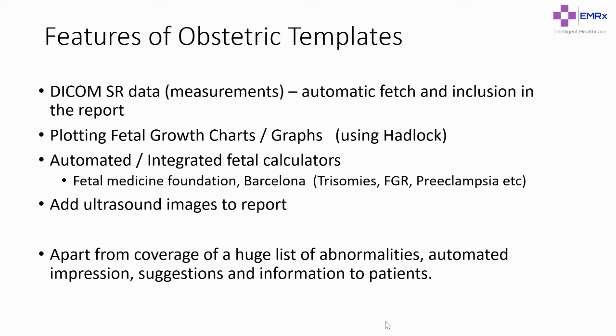For any abnormality that you might select, you will notice that the text pertaining to that appears in the report, impressions are updated, suggestions are provided, and lastly, optionally, there is a small paragraph of information provided to the patient about the abnormality from a patient's perspective.